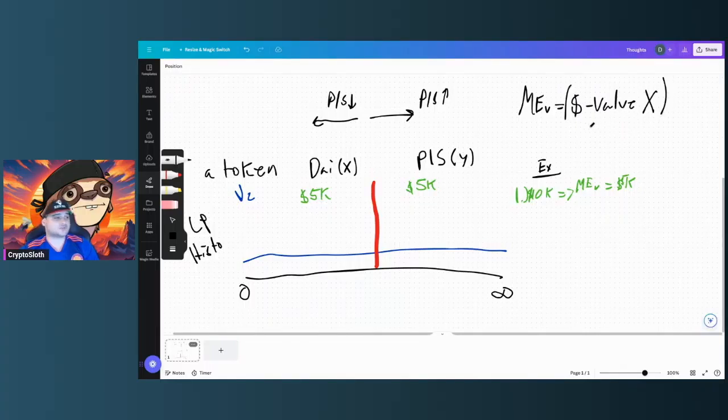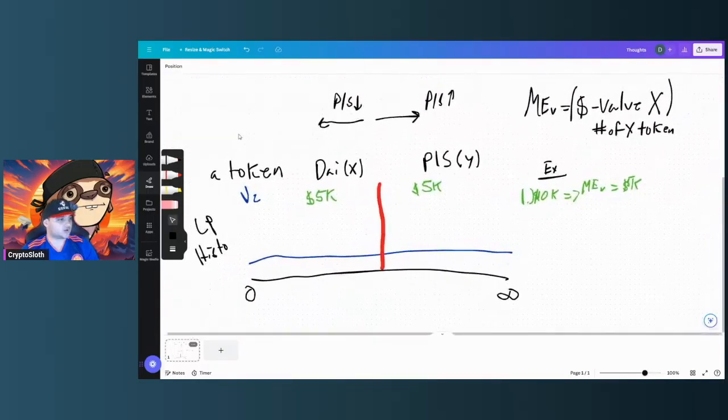You could also represent this as number of X tokens if you're pricing this, say, in an altcoin versus Pulse. So the way in which you define MEV can be simplified in this way, and you can add layers of complexity. But the fact that this is Pulse versus DAI makes this much easier to understand.